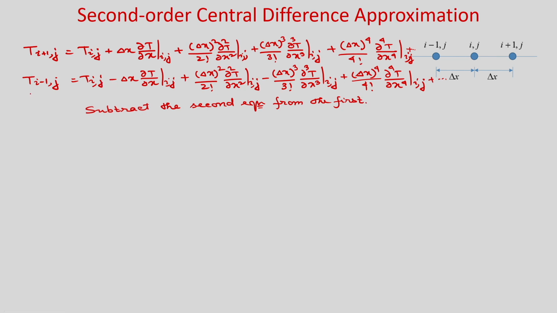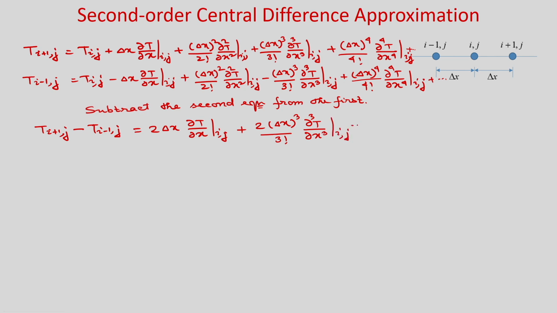You can see you will get on the left hand side T i plus 1 j minus T i minus 1 j is equal to, and if you subtract, this will get cancelled, here you will get 2 delta x del T by del x at i j. This will get cancelled, here you will get 2 delta x cube by factorial 3 del cube T by del x cube, and this will also get cancelled, and other terms.